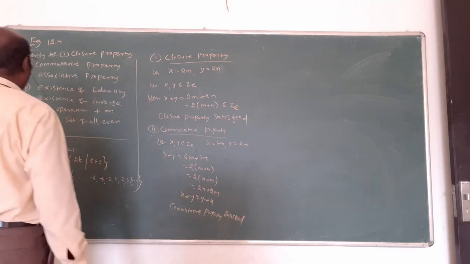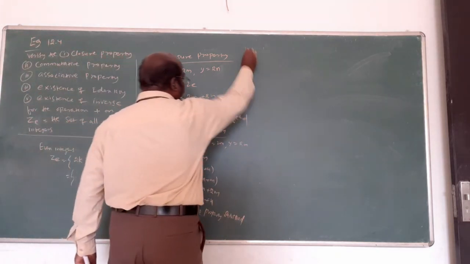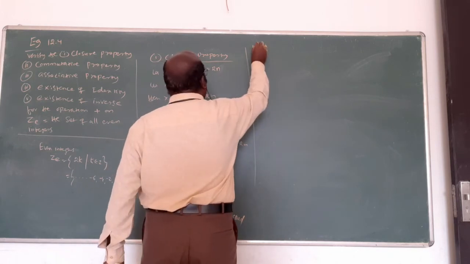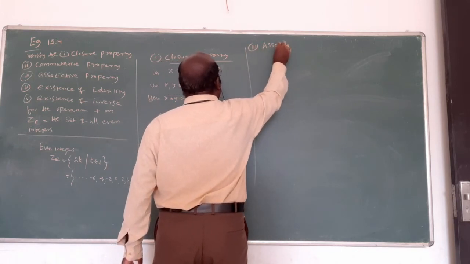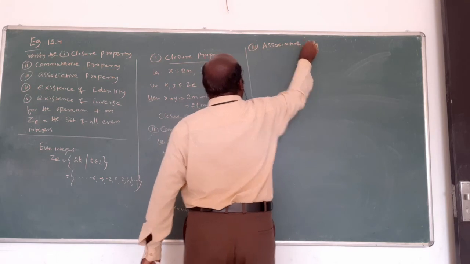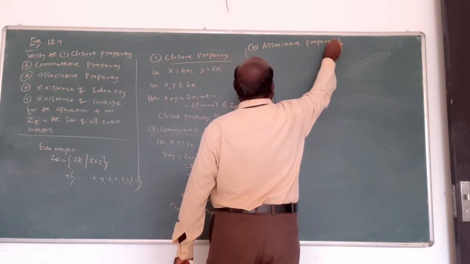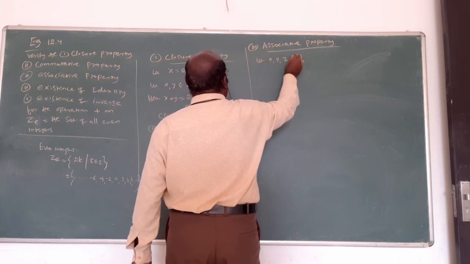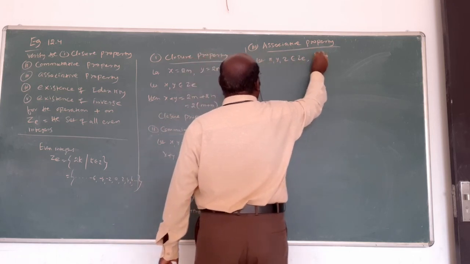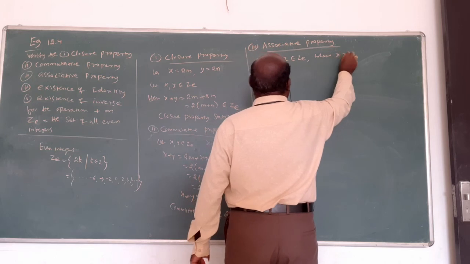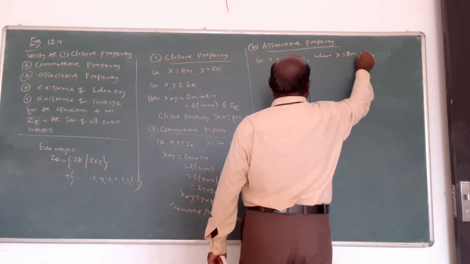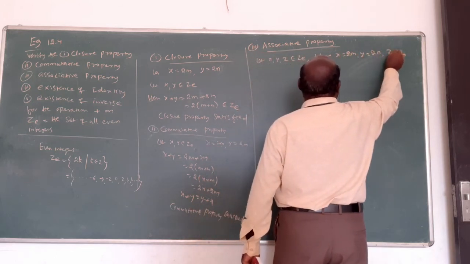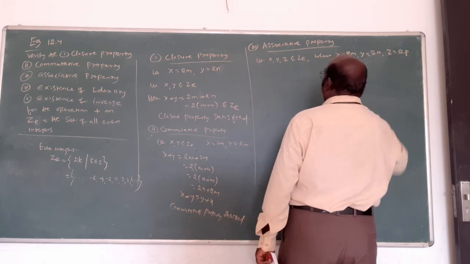Next is what? Associative property. The third one is associative property. Now, x, y, z belong to E, where x is 2m, y is 2n, z is 2p. Okay?